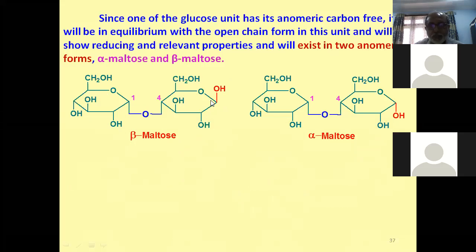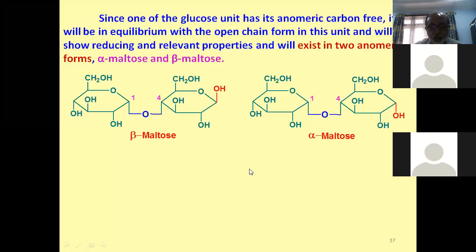As a result, this will be in two forms. That means two anomeric forms, alpha maltose and beta maltose, where this anomeric OH group will have two different positions. For alpha, this OH will be down in the Haworth projection, and for beta, this OH group will be up.